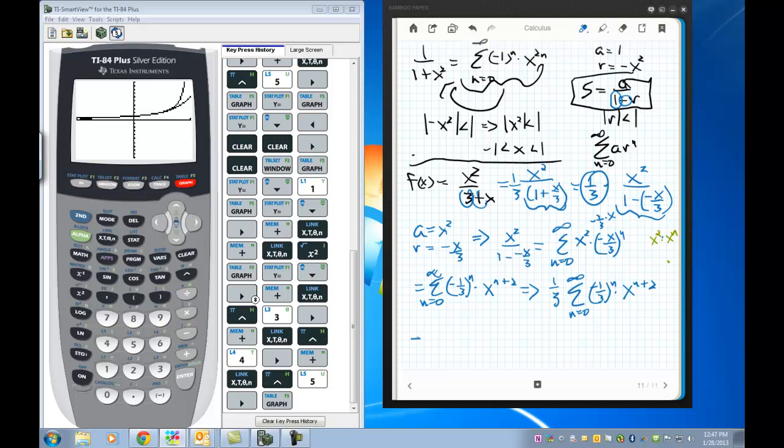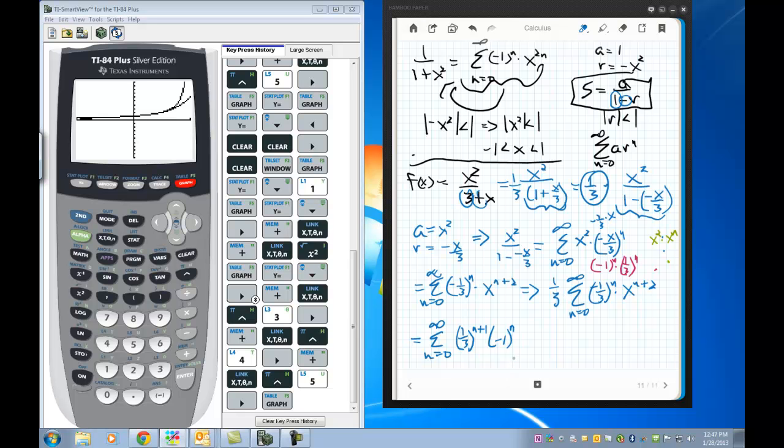I'm going to rewrite this as the sum as n goes from 0 to infinity of, now careful, think of this as negative 1 to the n times 1/3 to the n. So 1/3 to the n times 1/3 is equal to 1/3 to the n plus 1 times negative 1 to the n. I love me some negative 1 to the n's.